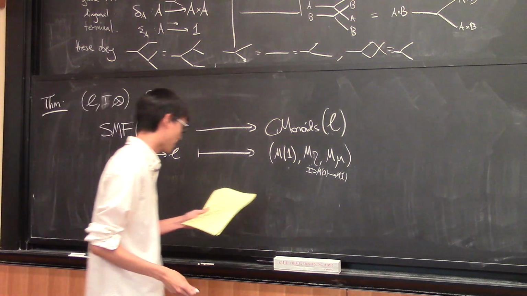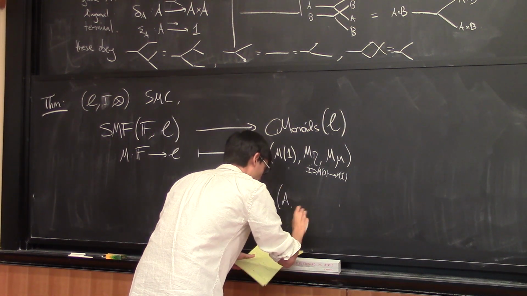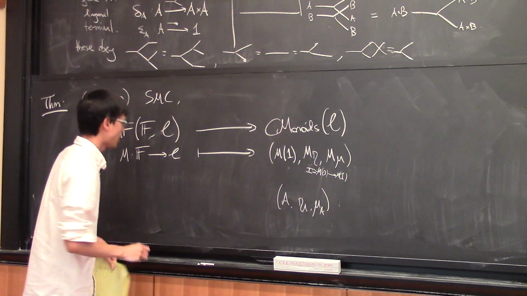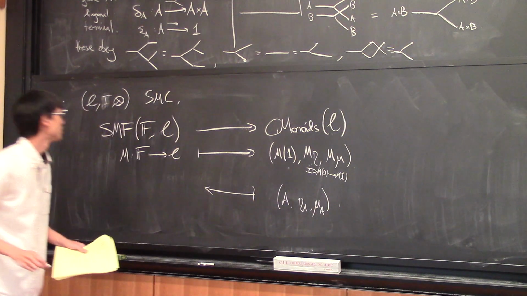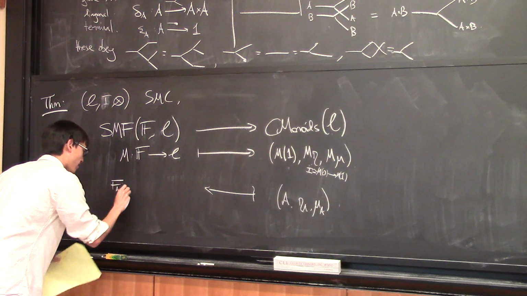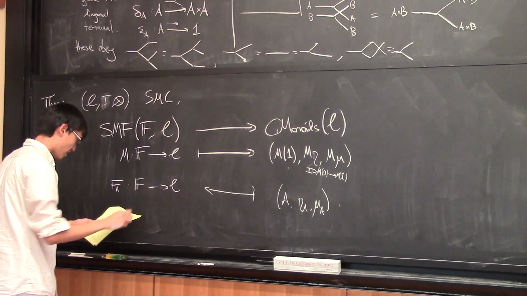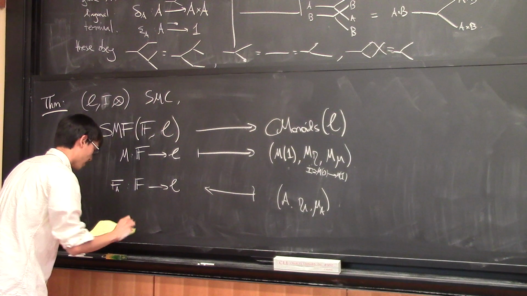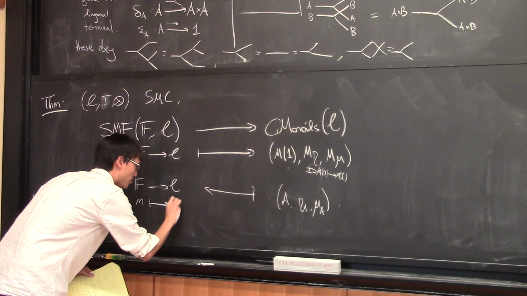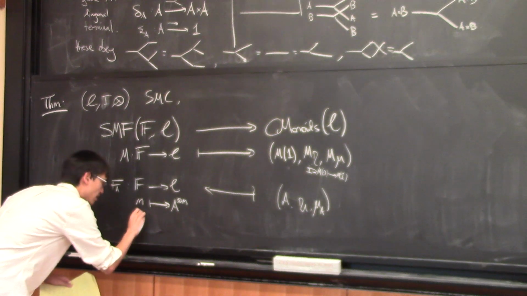And similarly, if you want to go back the other way, you start with a commutative monoid, so an object A together with a unit map and a multiplication in C. How do you get out a symmetric monoidal functor from this prop F? Well, you can define this functor F_A, which goes from F to C, and on objects you take a natural number m and map it to A to the power m.